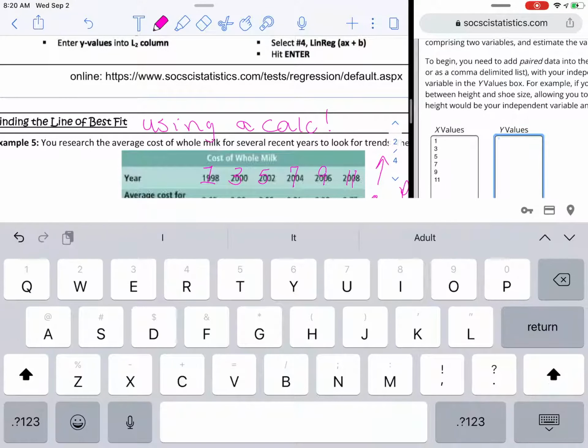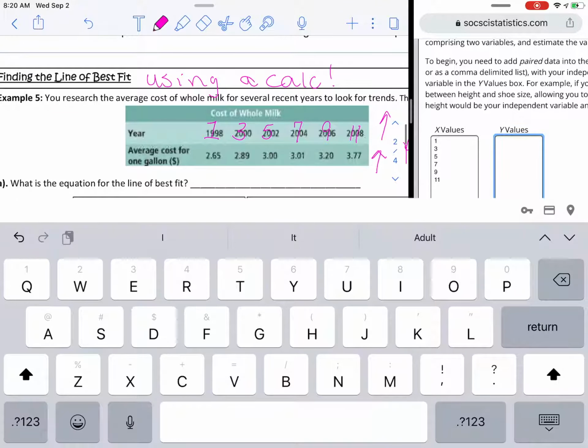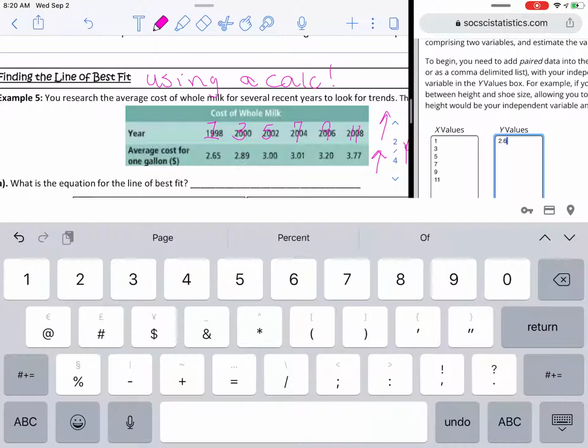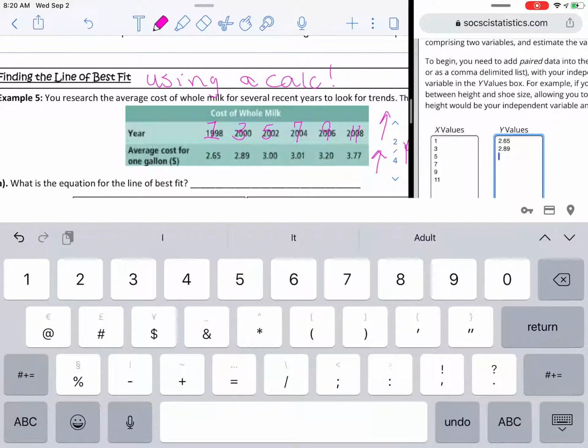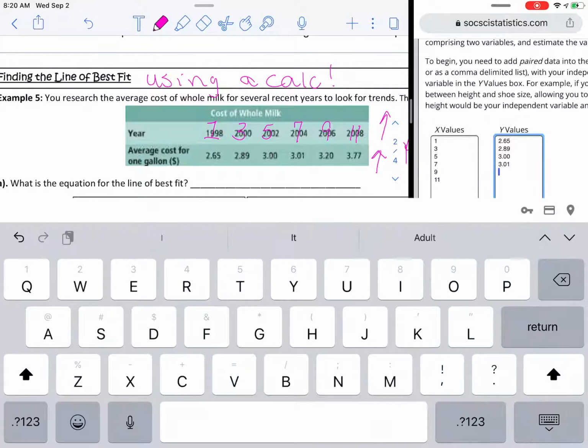This is the website from Schoology that I put on your notes too. So 2.65, 2.89, $3. You can do 0.00 if you want, but 3.01. So again, the price is still going up.